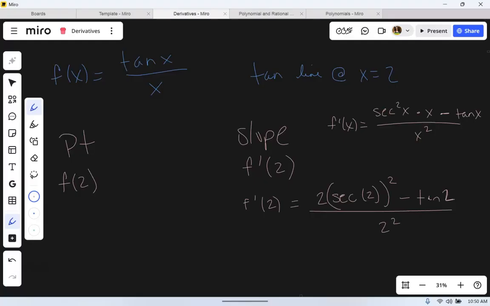Secant squared and secant x squared are the same thing. So in your calculator, do 1 divided by cosine of 2, but make sure you are in radians. Then square that.